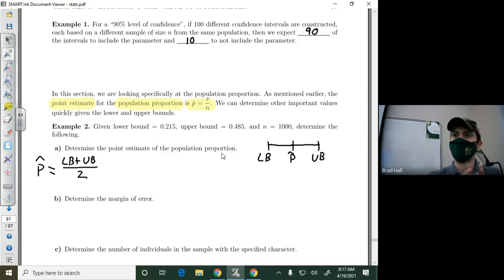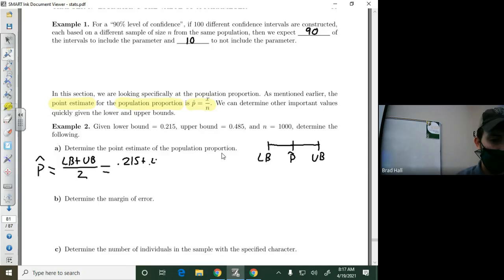You have a lower bound and an upper bound, and your point estimate, your central point, has to be right smack in the middle. So again, this is a pretty easy computation.